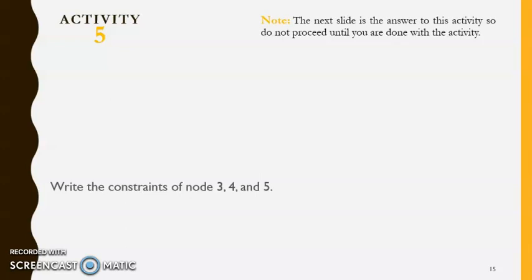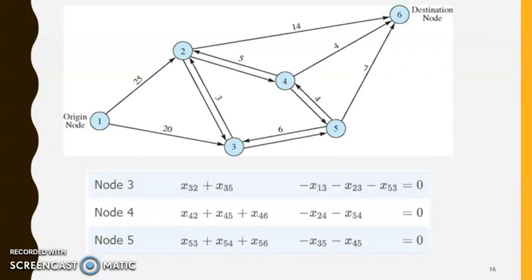Okay, let's check how well you have done writing the constraints of nodes 3, 4, and 5. Here are the answers. We have 3 nodes and so 3 constraints. The logic is exactly the same as before. The inflow and outflow must be equal. So here let's go for node 3. For node 3, x32 and x35 are outflow.